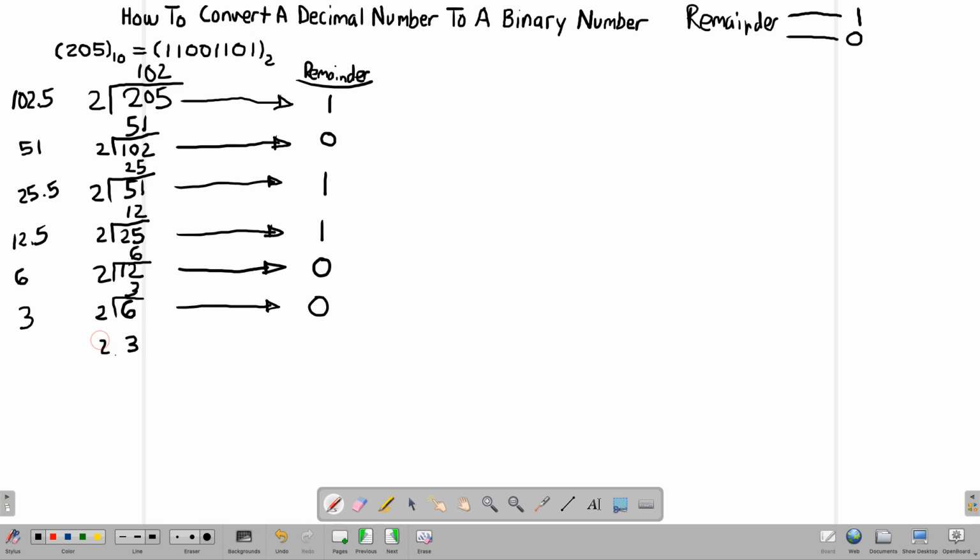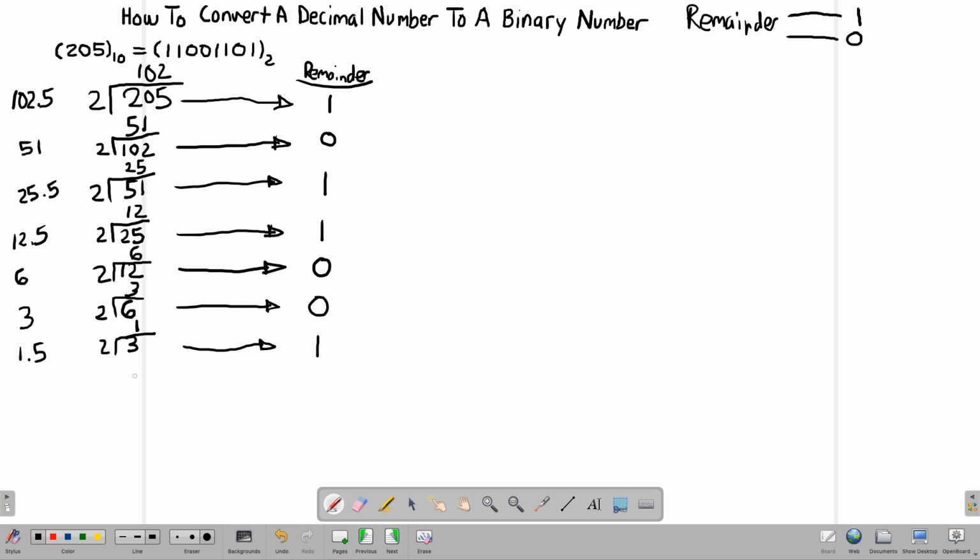Okay, so now the next value to divide 2 into is 3. So 2 divides into 3, and it should be 1.5. So this indicates that 2 goes into 3 one time, and there is a remainder. And since there's a remainder, this value is 1. And we still continue.